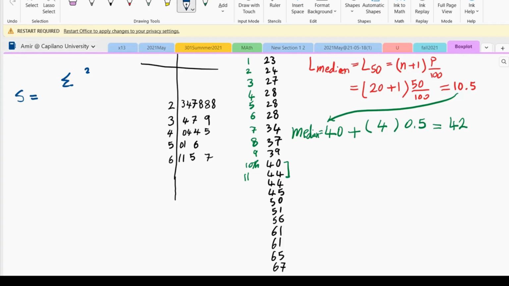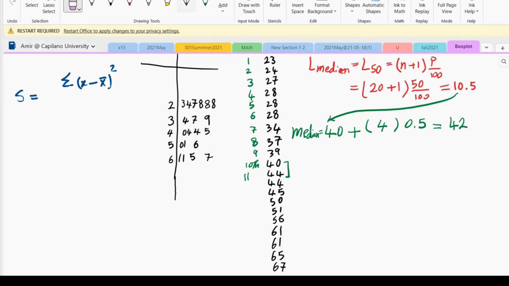So to find the deviation, we would subtract x minus x bar, and then we would square it. So when we say deviation, we mean deviation from the mean, not the deviation from the median.